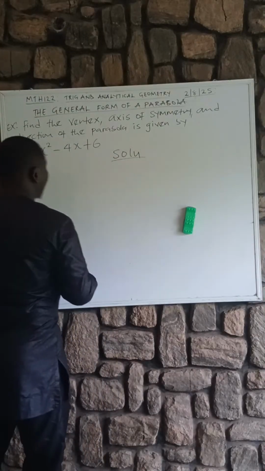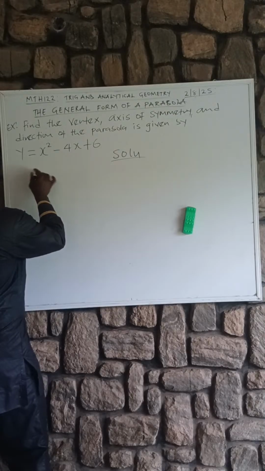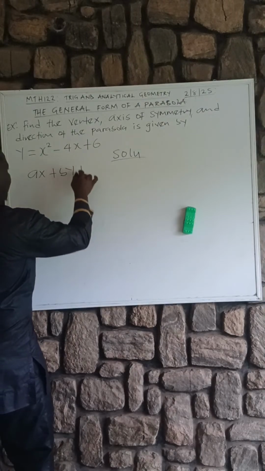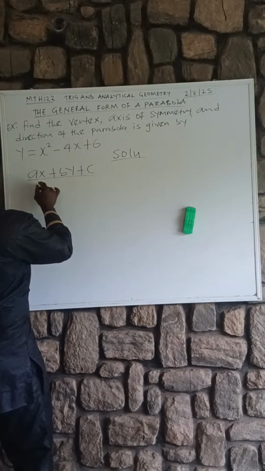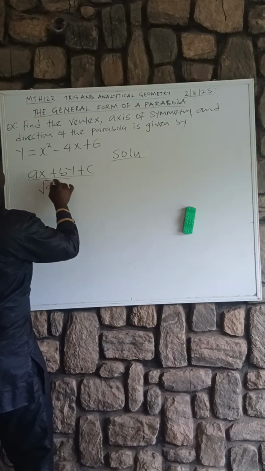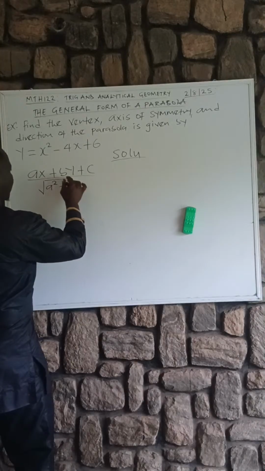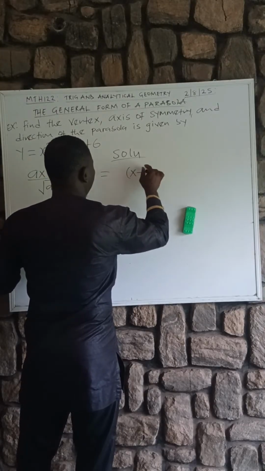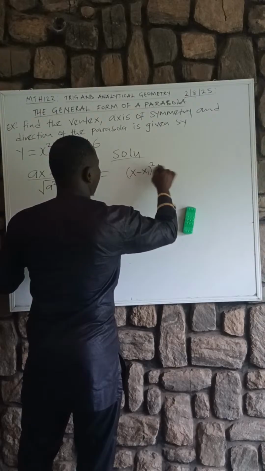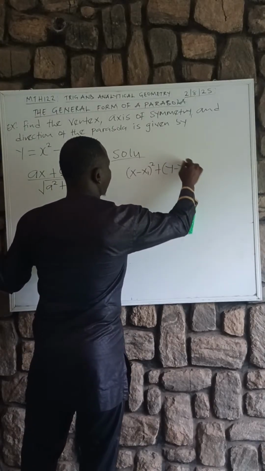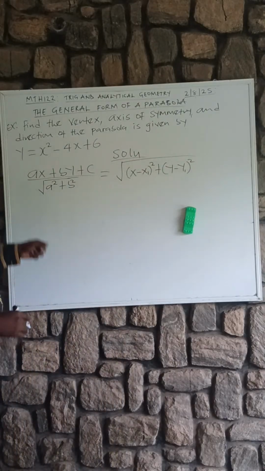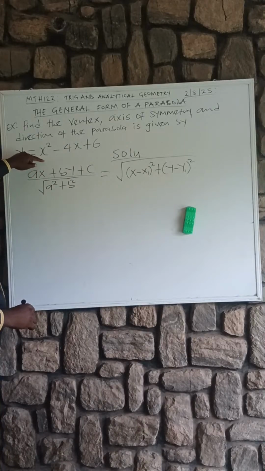So the formula is (ax plus by plus c) all over the square root of a squared plus b squared, equals the square root of (x minus x1) squared plus (y minus y1) squared. So what are we going to do?